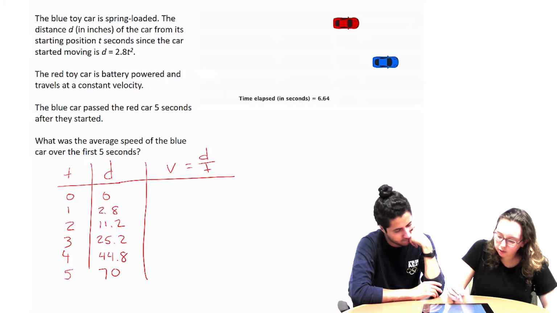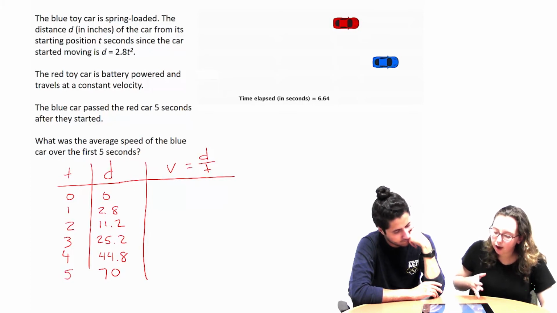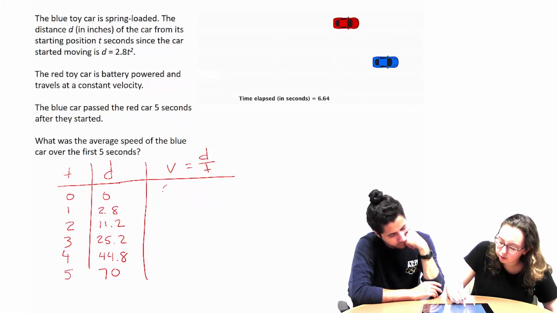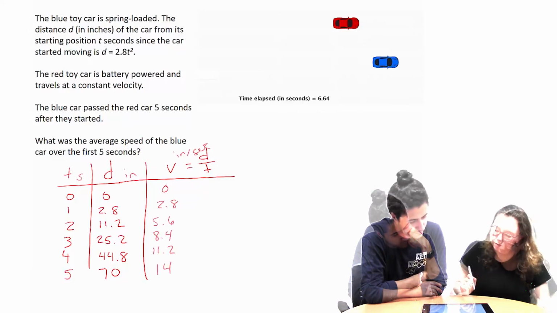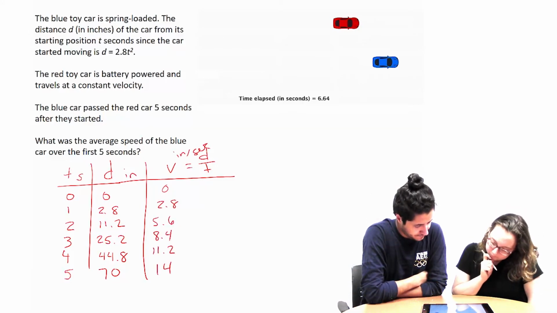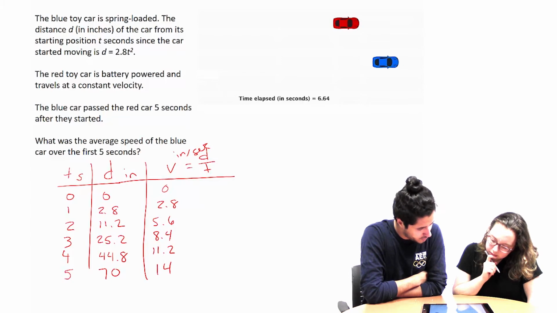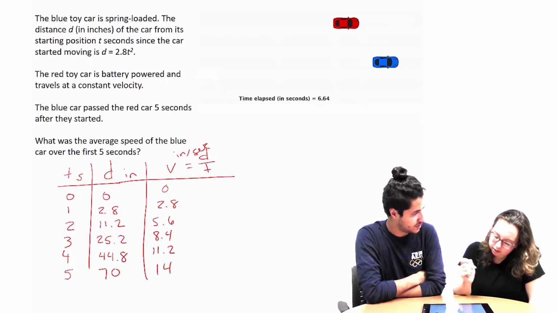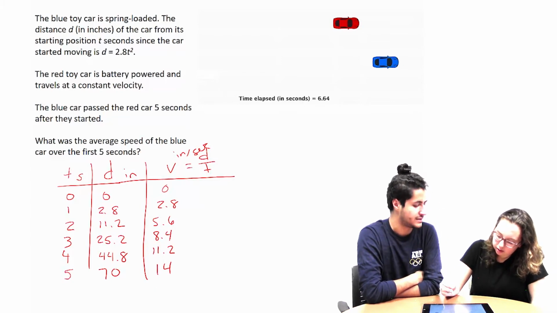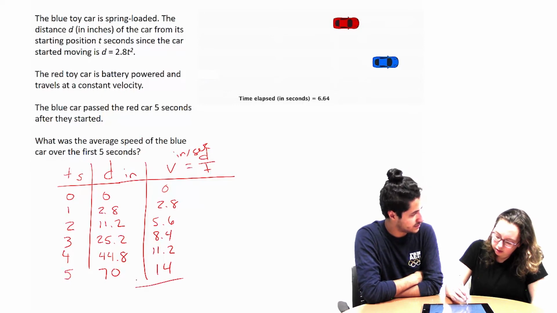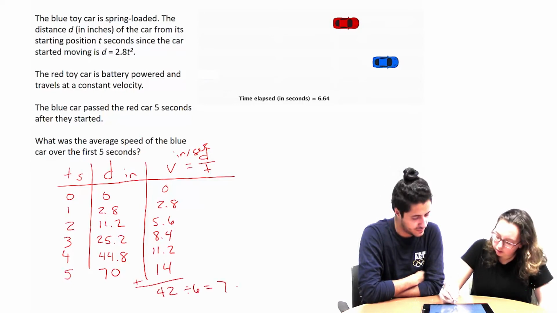Well, we know that we're starting at time 0, so our velocity should be 0. And then would we just add them all up and then divide by how many seconds we have? So like 6 seconds? Yeah. So 7 inches per second.